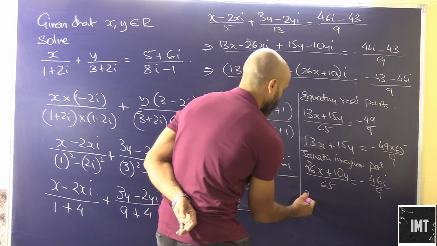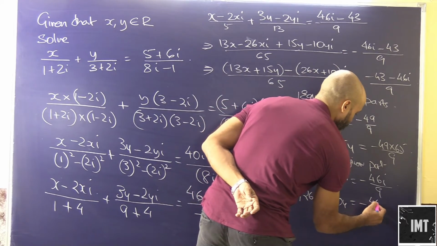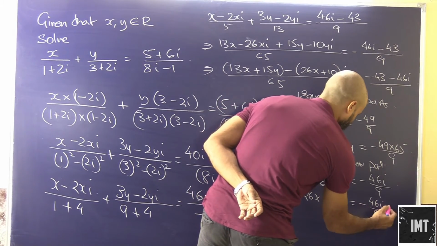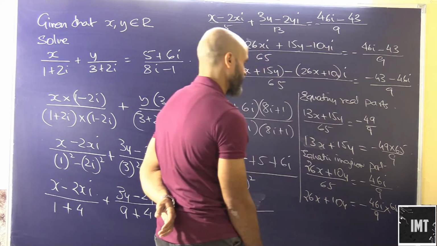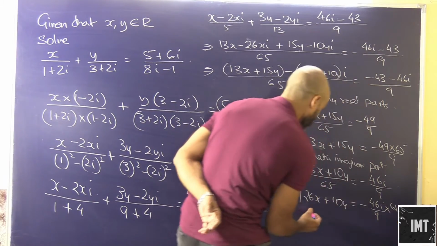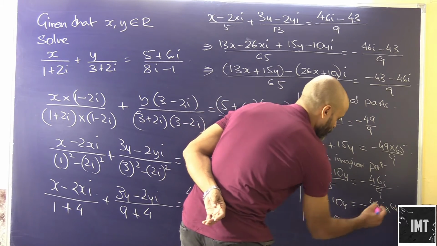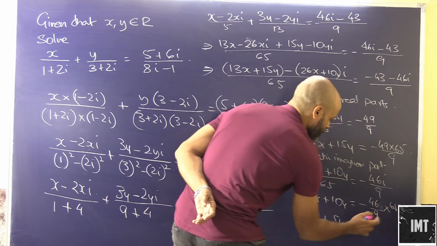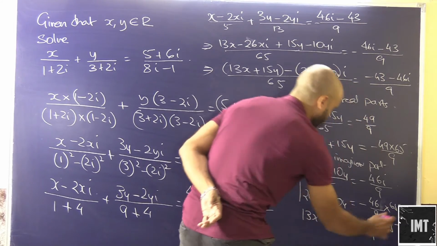So 26x plus 10y will be equal to minus 46i by 9 into 65. So if I divide this by 2, we will get 13x plus 5y is equal to, i is not required here, minus 23 by 9 into 65.